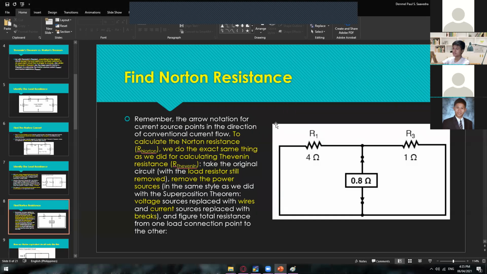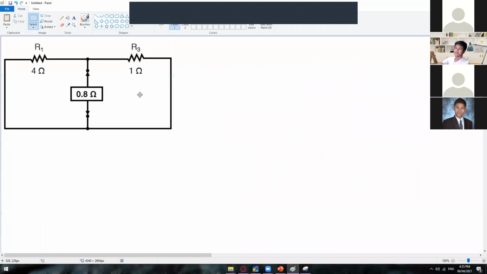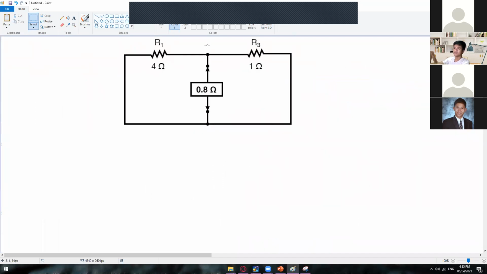If you go back to our Thevenin's theorem, this is node A and node B. Having that in mind, we have this representation.